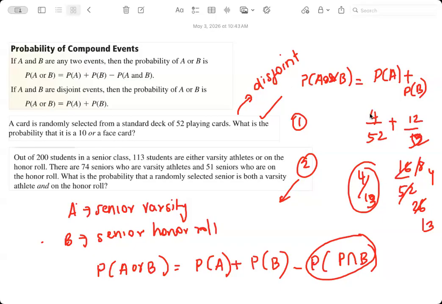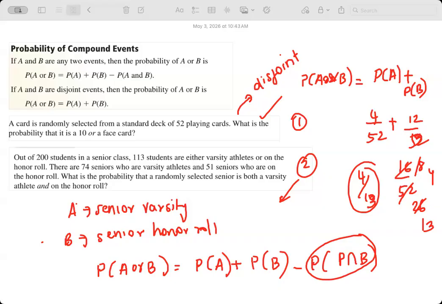So coming to this one, right? See, this is what they're asking, right? What is A or B? Out of 200 students in a senior class, 113 students are either varsity athletes or on an honor roll. Okay, so what is P of A? P of A is the probability of a senior and a varsity athlete, right?